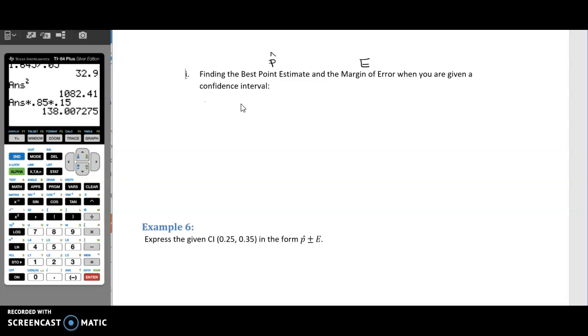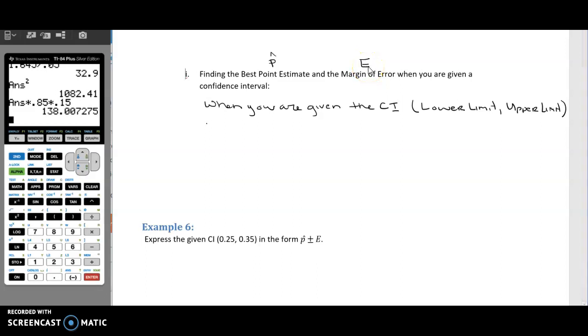So when you are given the confidence interval, you're given your lower limit and your upper limit. You're given both of these values. Basically, you want to go back and find p hat and e, your margin of error.